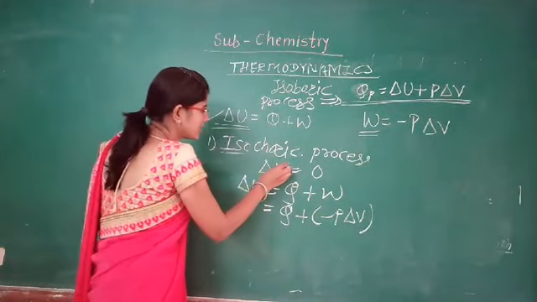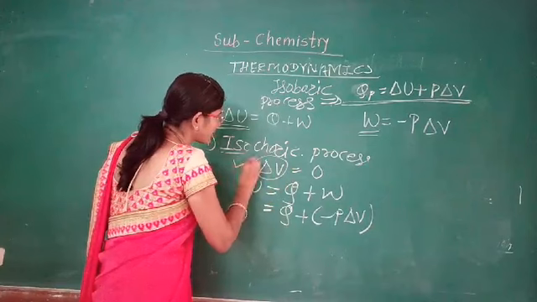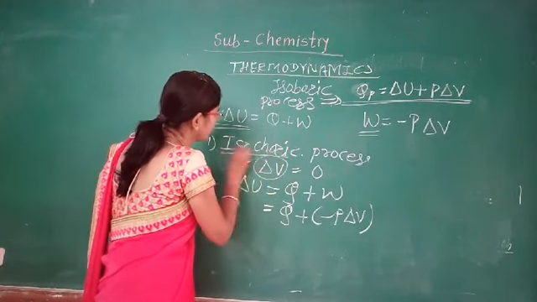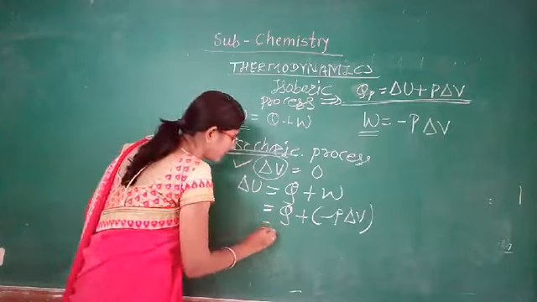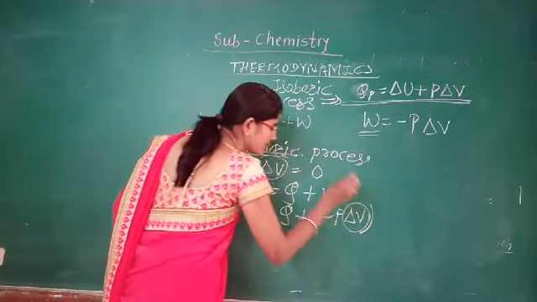But here the change in volume remains constant for this process, and therefore delta V becomes 0.